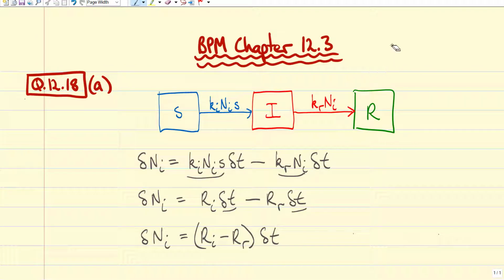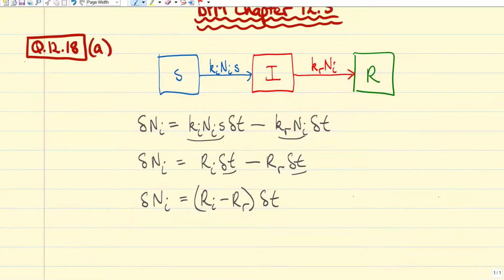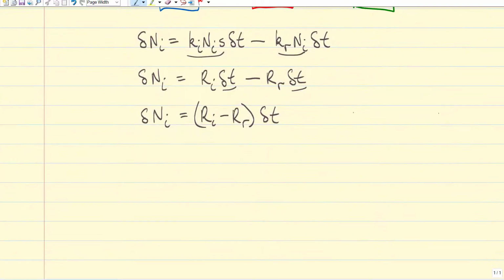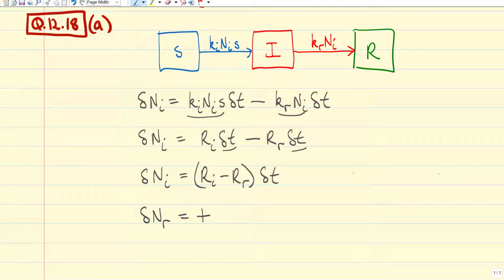Well, we only have one arrow going into it, and that arrow is going in. So if it was cars entering a parking structure, it makes the number inside bigger. So we can go delta NR equals plus, and then we have to look at the rate, and it was Kr times Ni times delta t. And this thing, remember, we had a name for that.